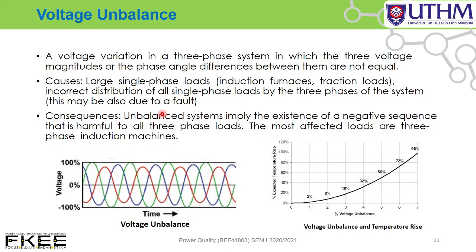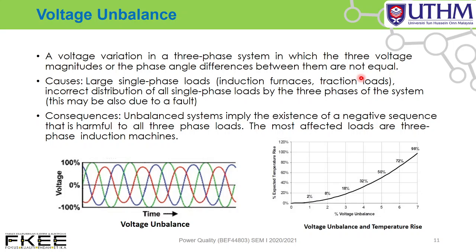Next, voltage irregularities. We have voltage unbalance. What is the meaning of voltage unbalance? Voltage unbalance is related to the three-phase system. In a three-phase system, we have phase A, phase B, and phase C. It is a voltage variation in which the three voltage magnitudes or the phase angle differences between them are not equal.